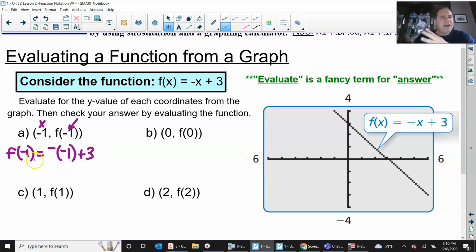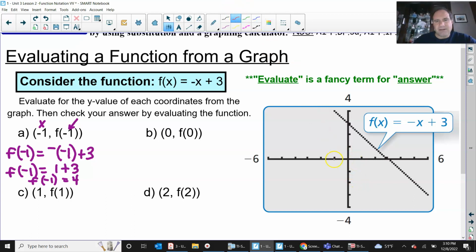So we have f of -1 is going to be 1 plus 3. So f of -1 equals 4. And look, when x is -1, you can see it on the graph.